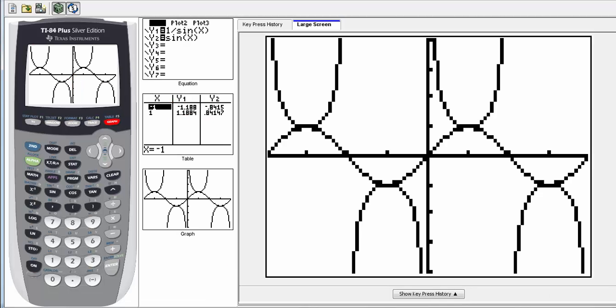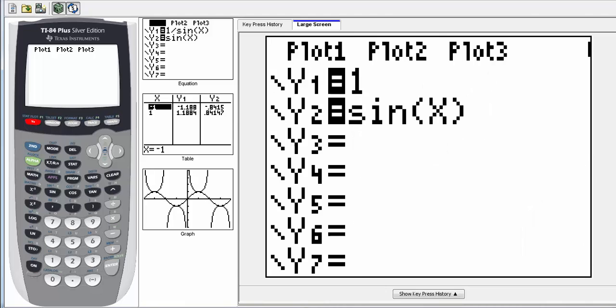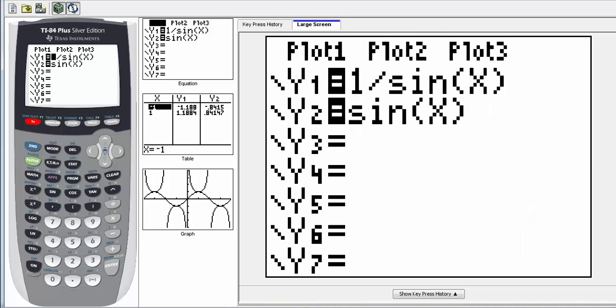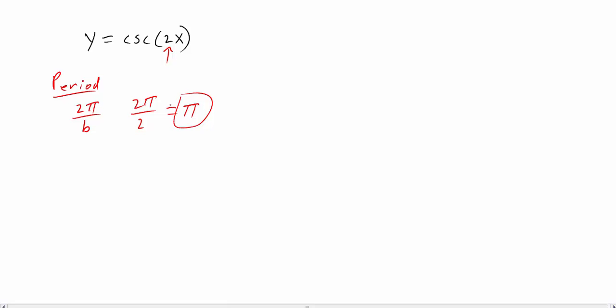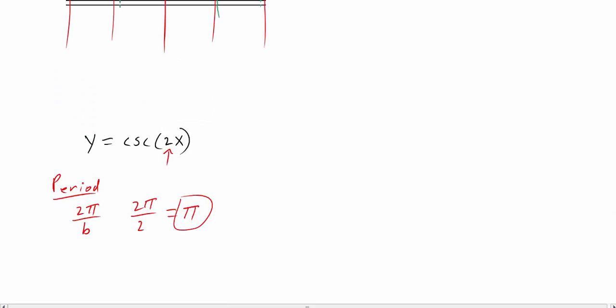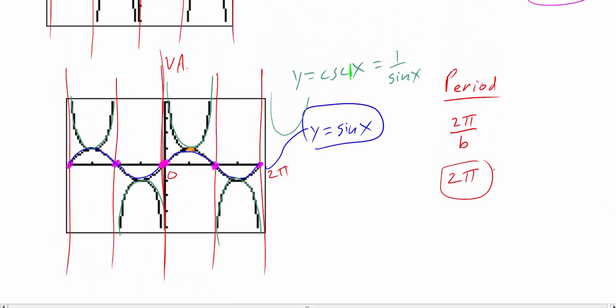So if we go to the calculator now, go to y equals, and I'll leave the sine function here, and I'm going to type in for y1, 1 over the sine of 2x, and let's see what effect that has. And it should, based on what we came up with here, our period is going to be pi, whereas the initial period was 2 pi.